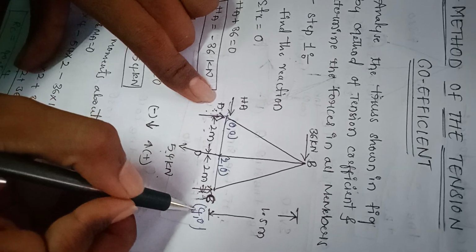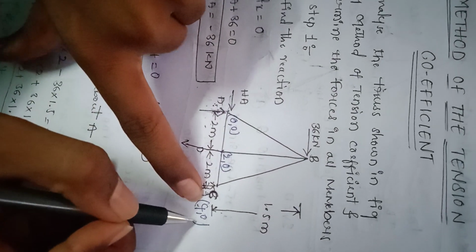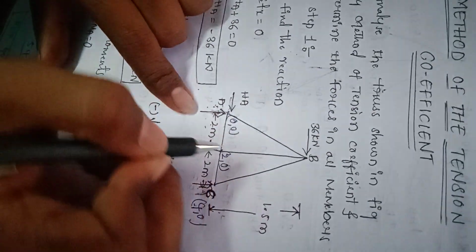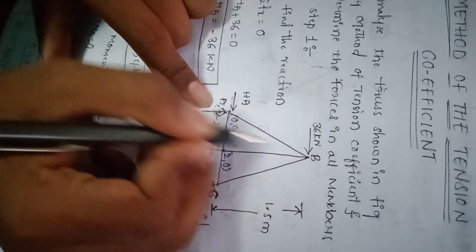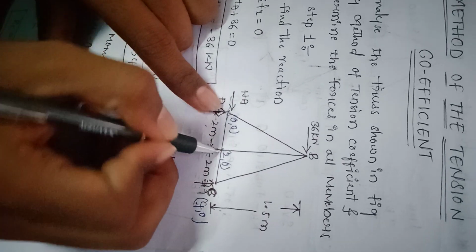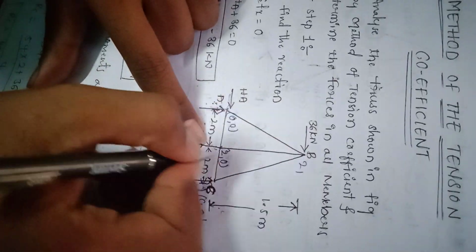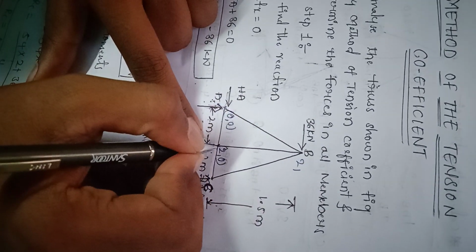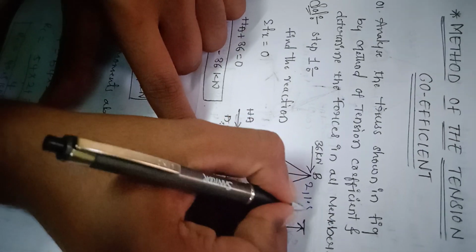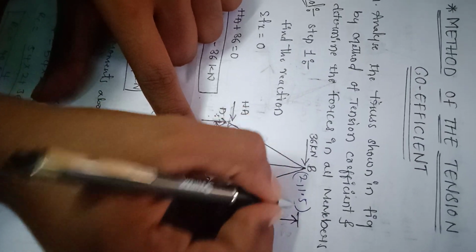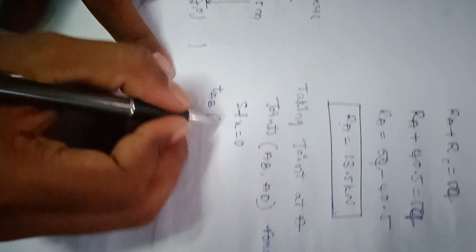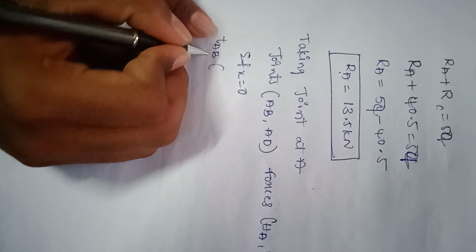Whereas at B the horizontal distance is 2 meters and the vertical distance is 1.5 meters. It is given in the question. These are the coordinates, x and y.